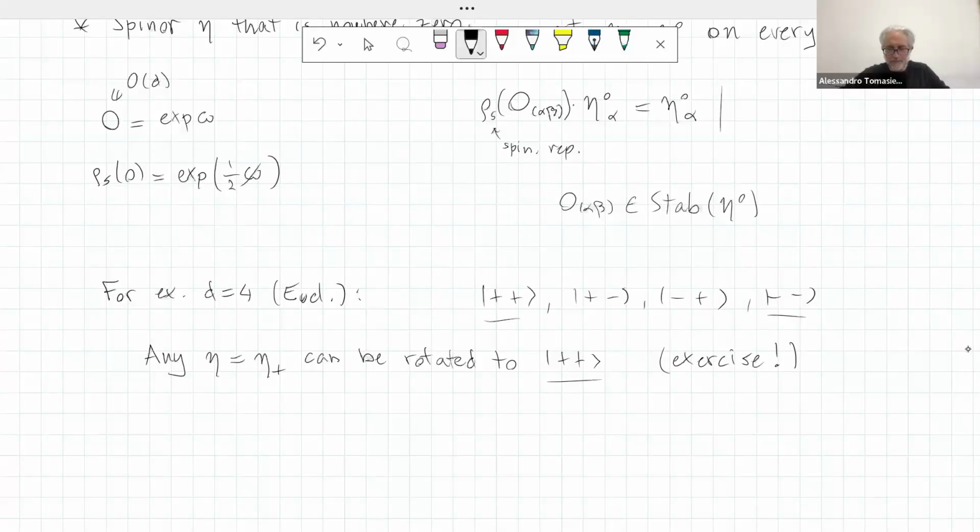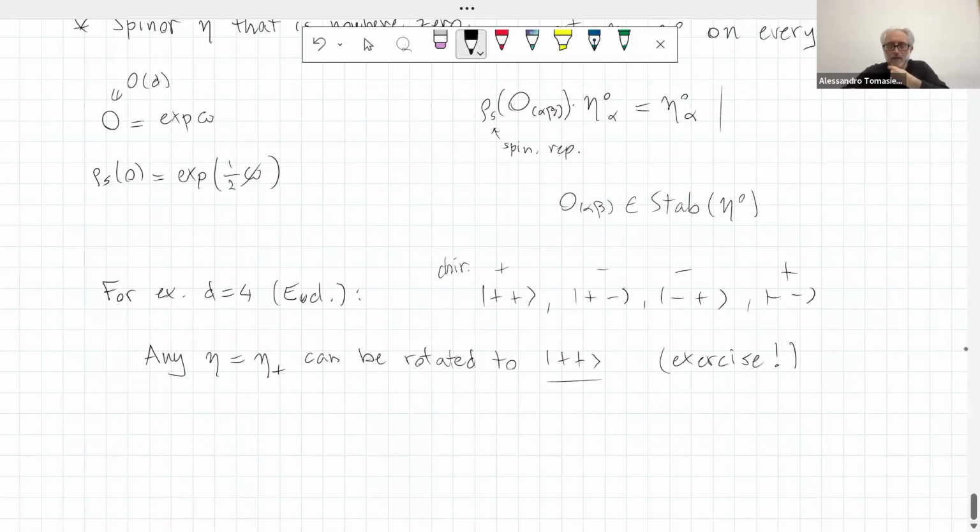So in this case, all you need to show is that you can set to 0 the coefficient of this minus minus.